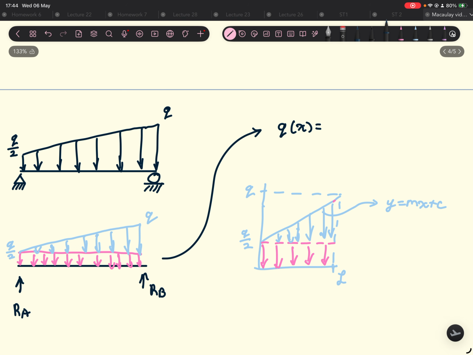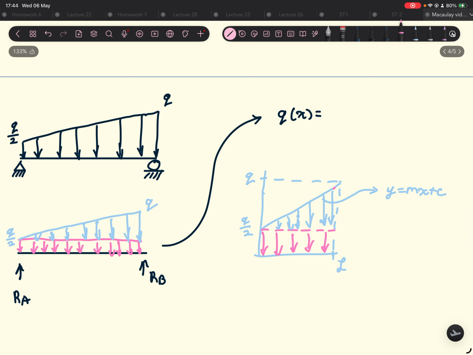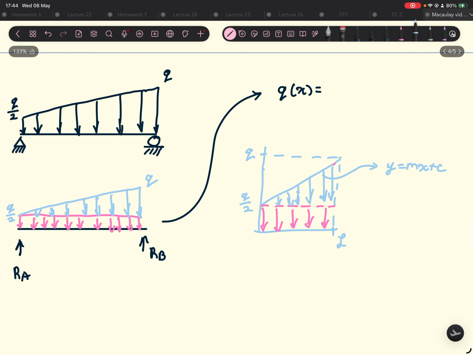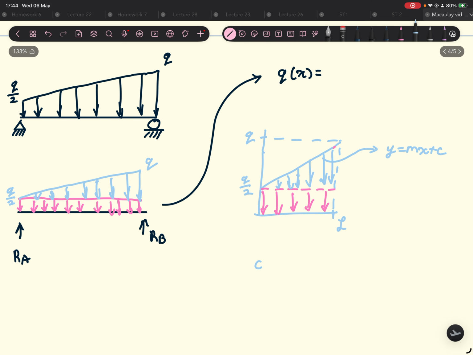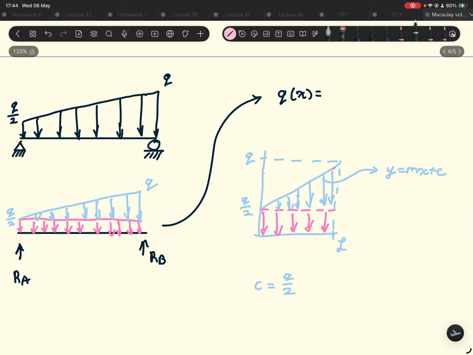So the top part, or rather the equation, we can get using y is equal to mx plus c. We know that c is going to be equal to Q over 2, which is that pink portion over here. That's the portion that remains constant, right? So that's our Q over 2. And then the other portion of the equation is this m times x.